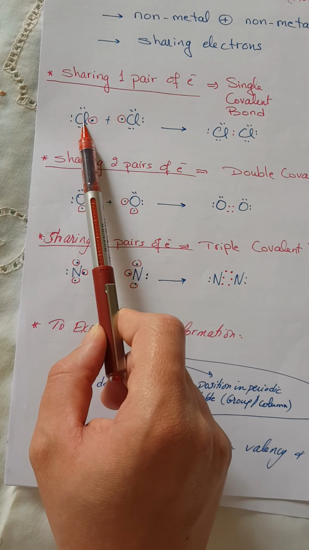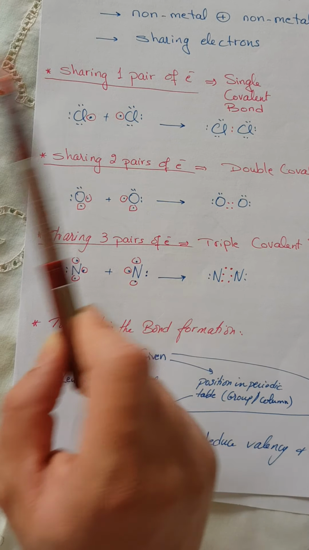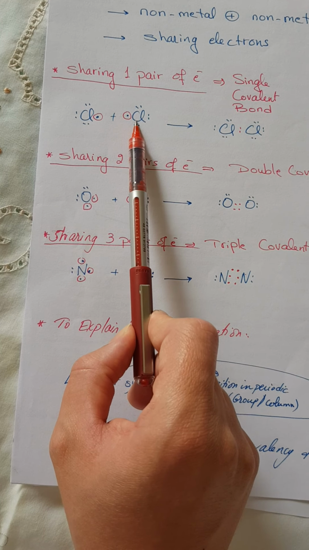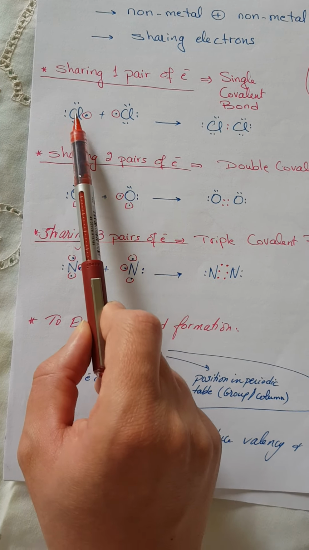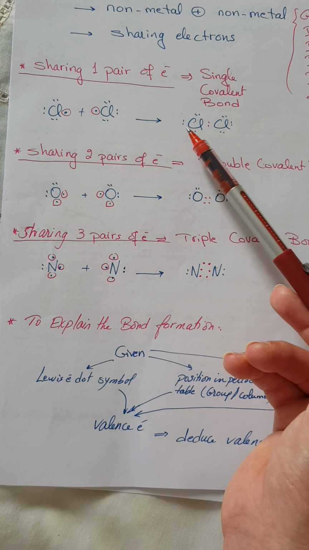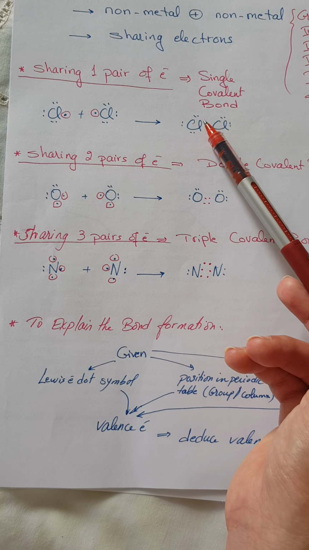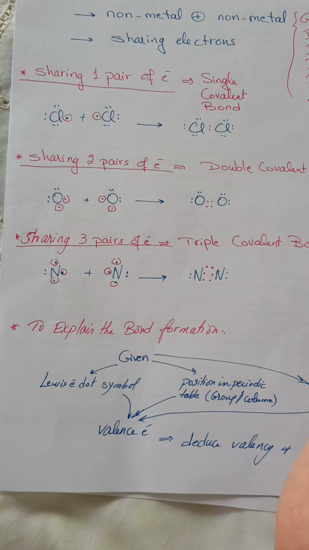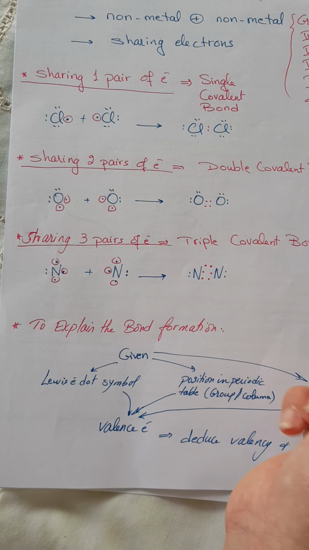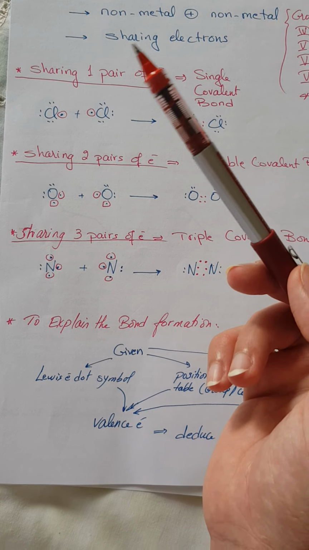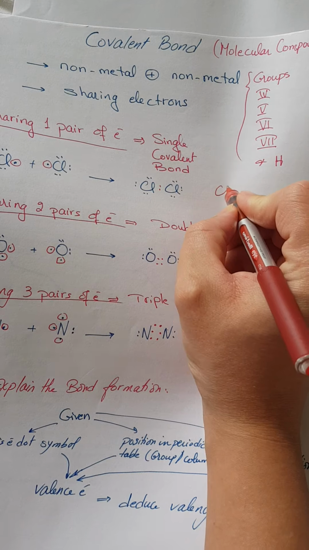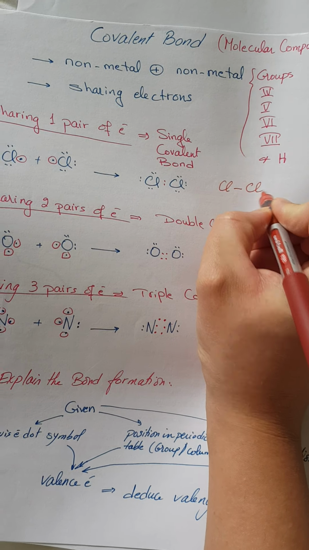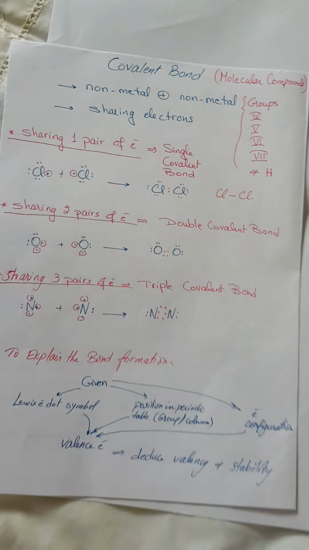This electron is going to be common for both chlorine atoms, and this electron also is going to be common for both chlorine atoms. So both chlorine atoms will share 1 pair of electrons, and thus they have a single covalent bond, which could be represented like that. A single bond.